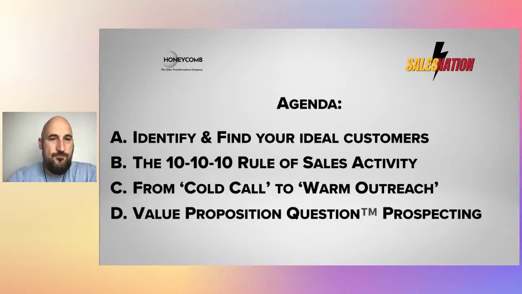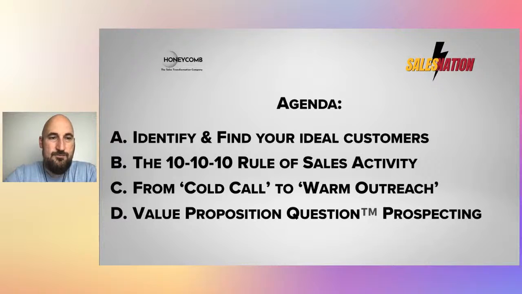Here's a little bit of the agenda for today. We start with identifying and finding your ideal customers, your ICP. Then you'll hear about the 10-10-10 rule of our sales activity. In part 3, you will see how you can go from a cold call to a warm outreach. And ultimately, in part 4, we're going to look through some examples and templates that you can use.